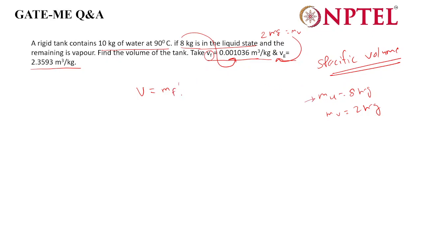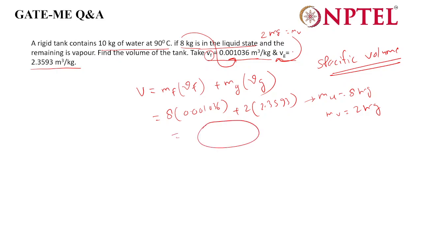So mf into vf plus mg into vg. So 8 into 0.001036 plus 2 into 2.3593, and directly we will get the value. Now if I have written vfg here, then what to do?